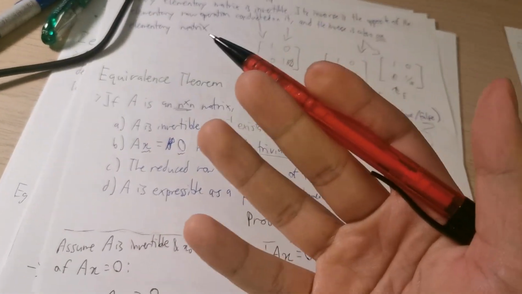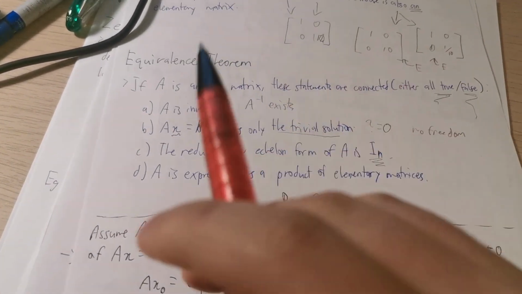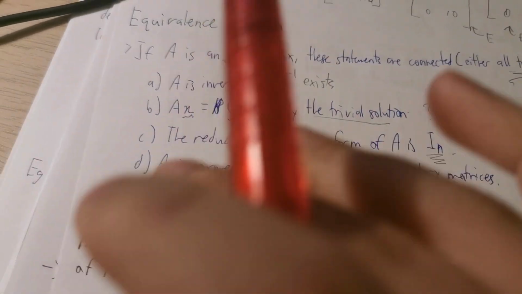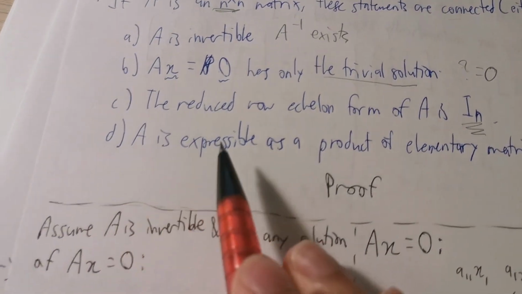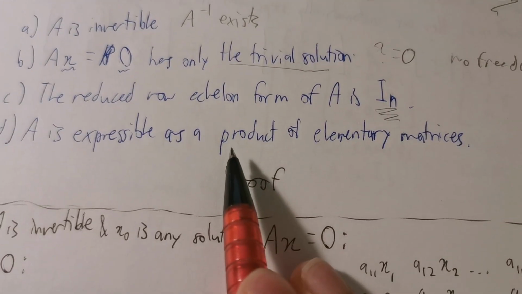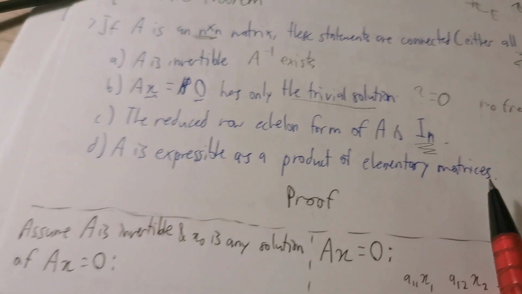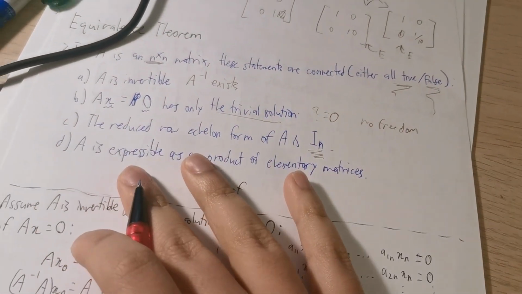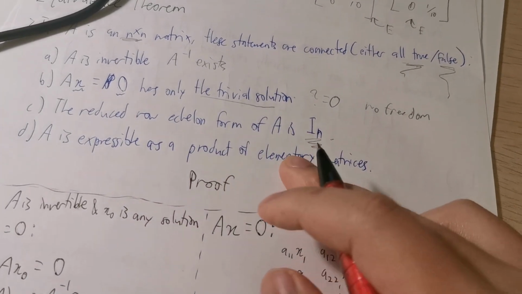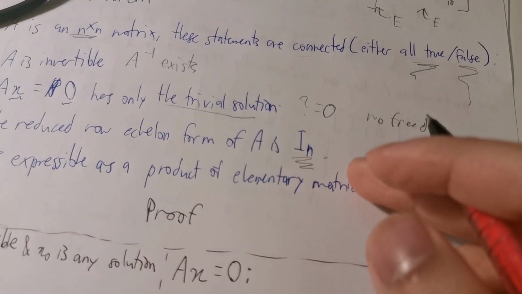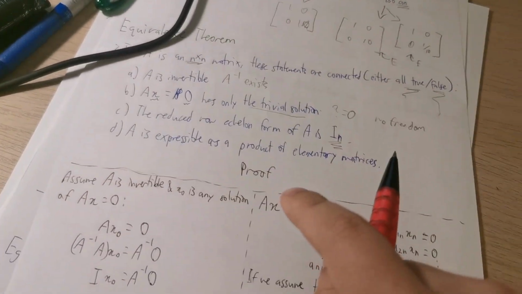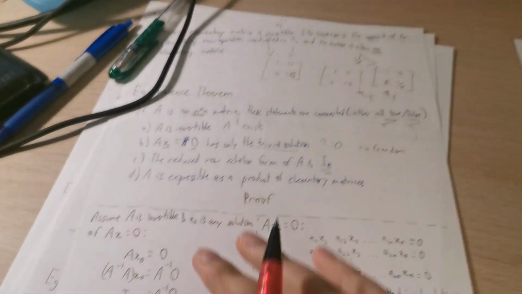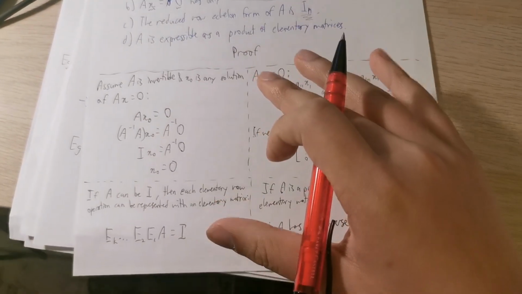So it can be reduced all the way to the identity matrix with no weird gaps or 2s and 3s around. And lastly, A is expressible as a product of elementary matrices. I'll get back to that later. It's better explained afterwards.